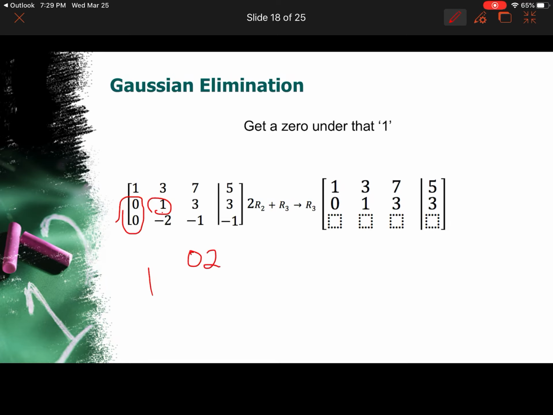So I have 0, 2, 6, 6. I'm going to add that to row 3, which is 0, -2, -1, -1. So I get 0, 0, 5, 5. All right, so that's what goes right here. We got 0, 0, 5, 5.